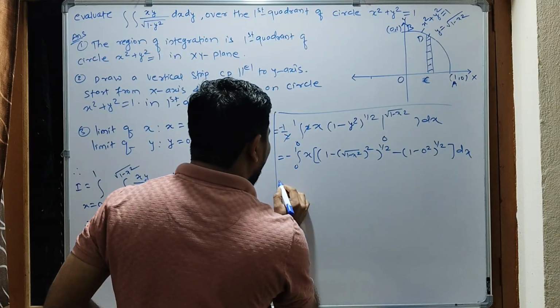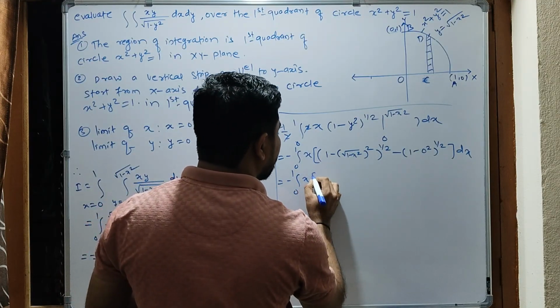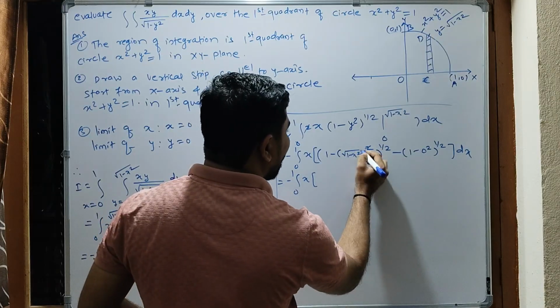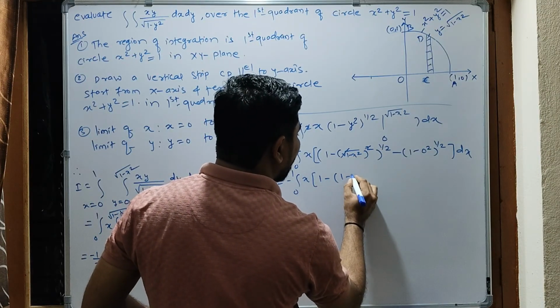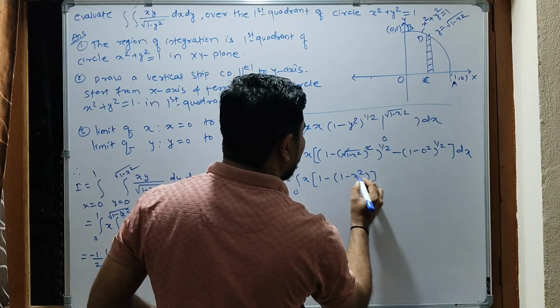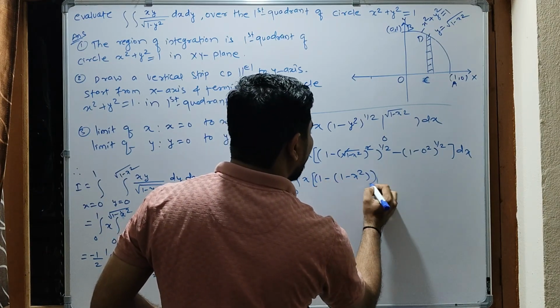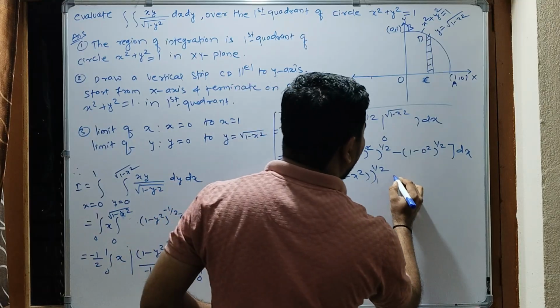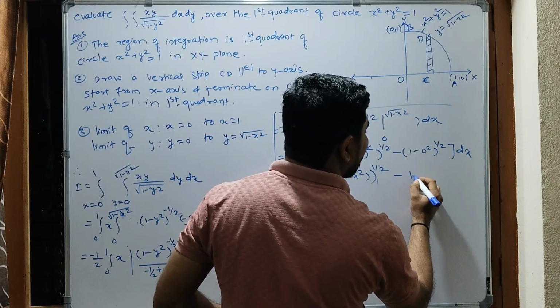So which is equal to minus 0 to 1 x. Here the square root gets cancelled. 1 minus 1 minus x square, this whole to the power 1 by 2, minus 1 minus 0, 1 to the power 1 by 2 becomes 1.